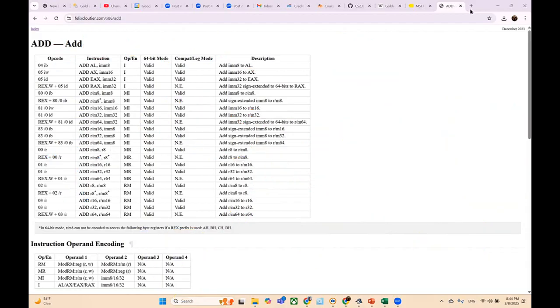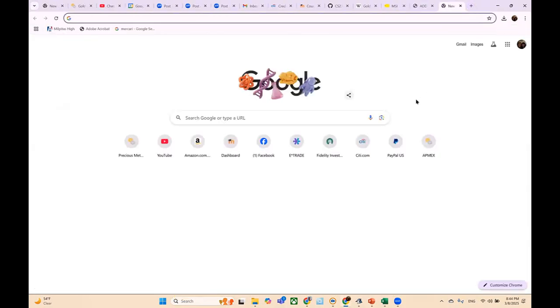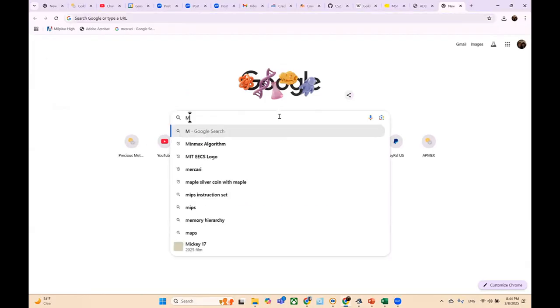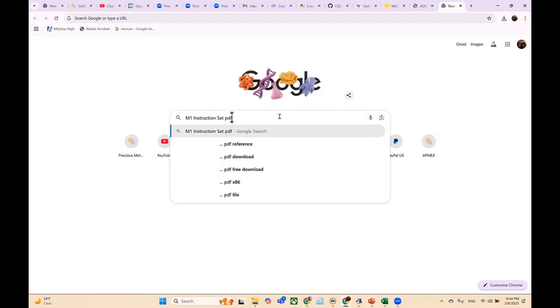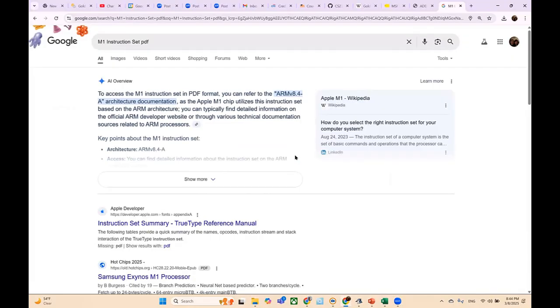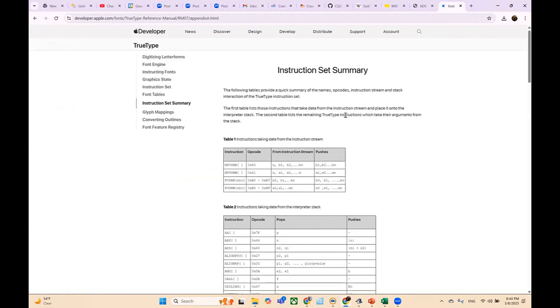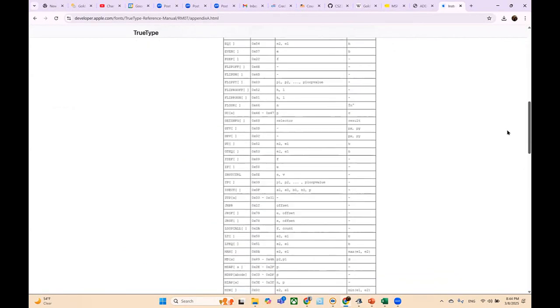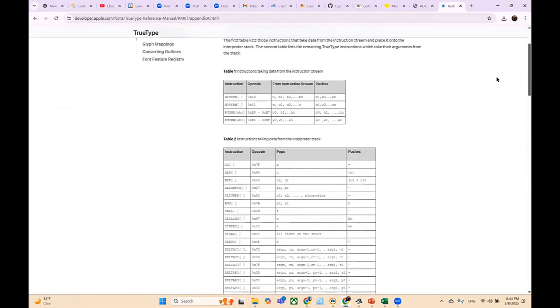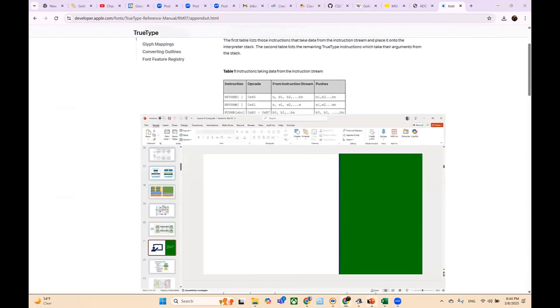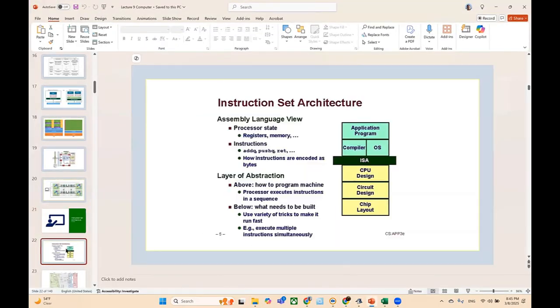Is that okay? The M1 has its own instruction set as well, totally different from the instruction set we looked at in x86, so they are not compatible.